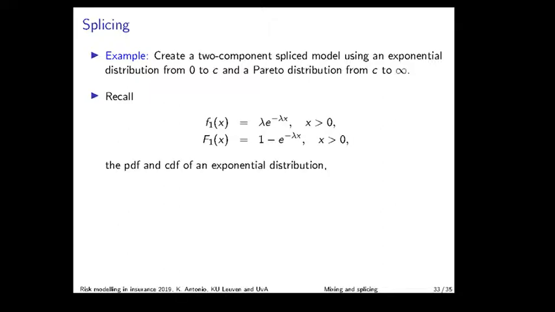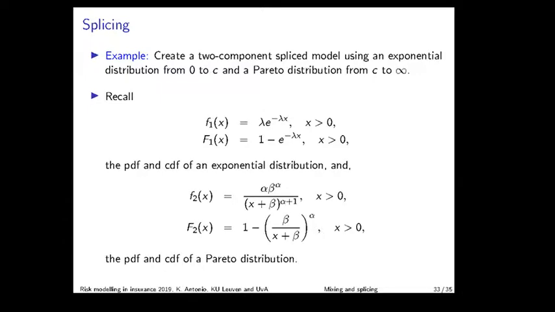Now, intuitively, the exponential model captures the body of the loss distribution, and the Pareto distribution captures its tail. So your starting point are the PDF and the CDF of the exponential on the one hand, as shown here, and the PDF and CDF of the Pareto distribution on the other hand.